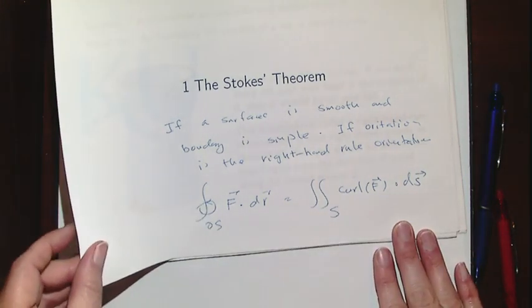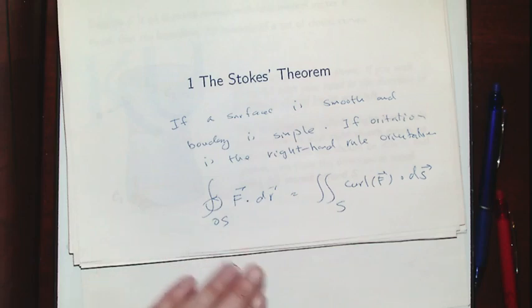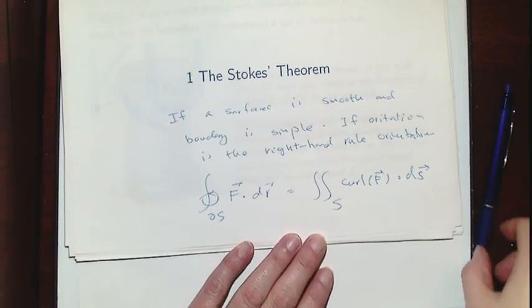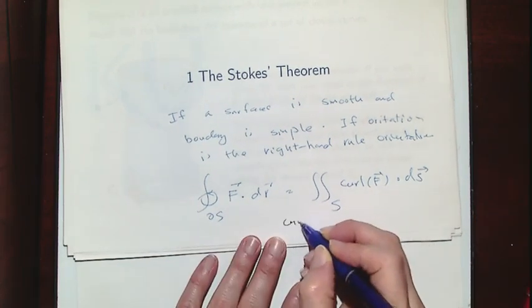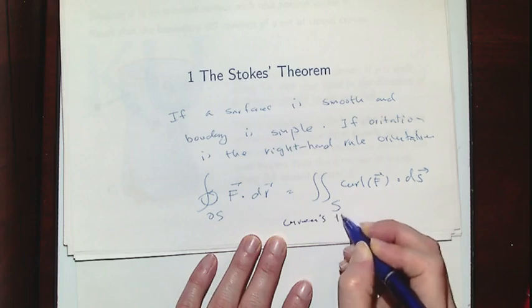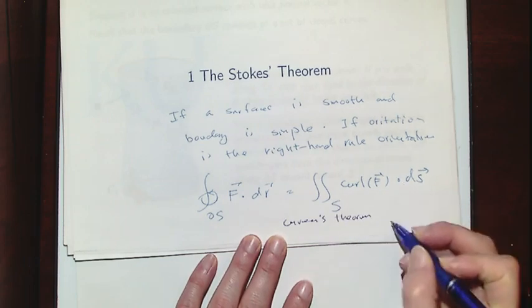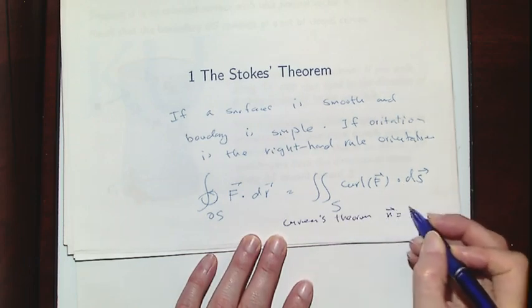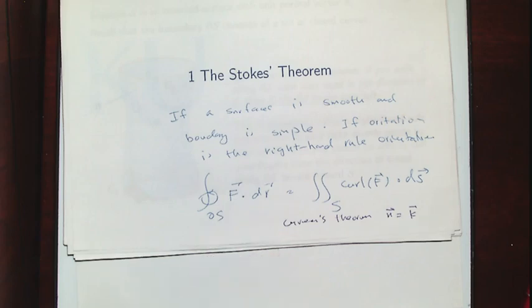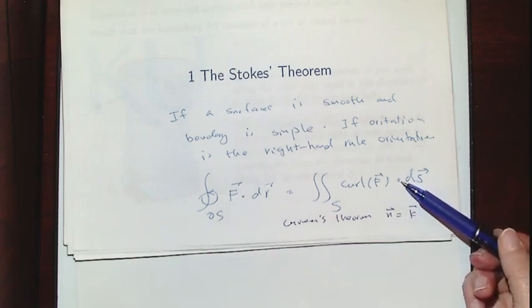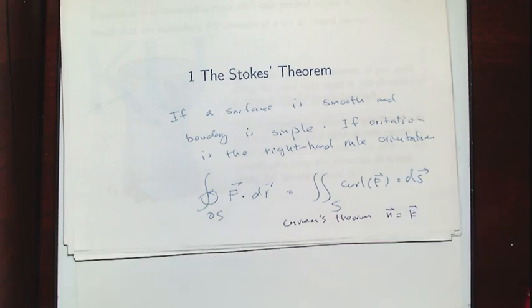Okay. So here, when you're doing Green's theorem, n is going to be k. So by replacing k in here, you get the Green's theorem.